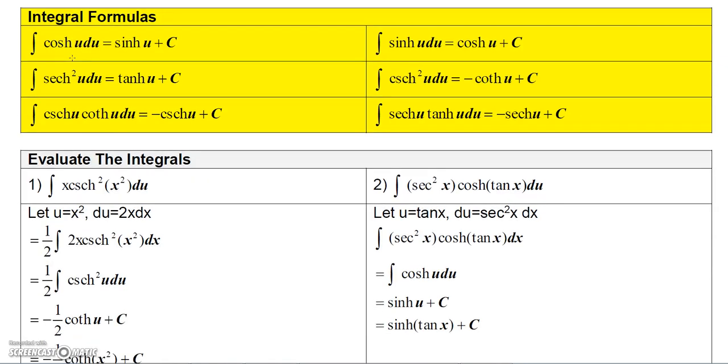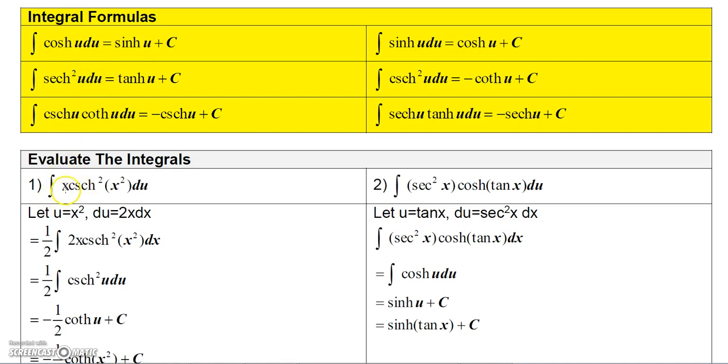So since we know certain derivatives, we can get certain integrals. So we know if we integrate hyperbolic cosine of u, we'll get hyperbolic sine of u plus a constant, and so forth. So anyway, here's all the formulas. You can pause the video and read through these formulas. I'm just going to go ahead and work a couple of examples of integrals.